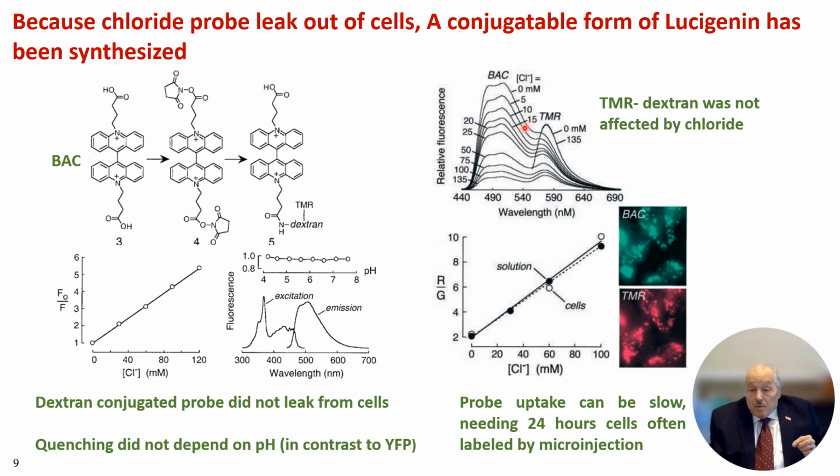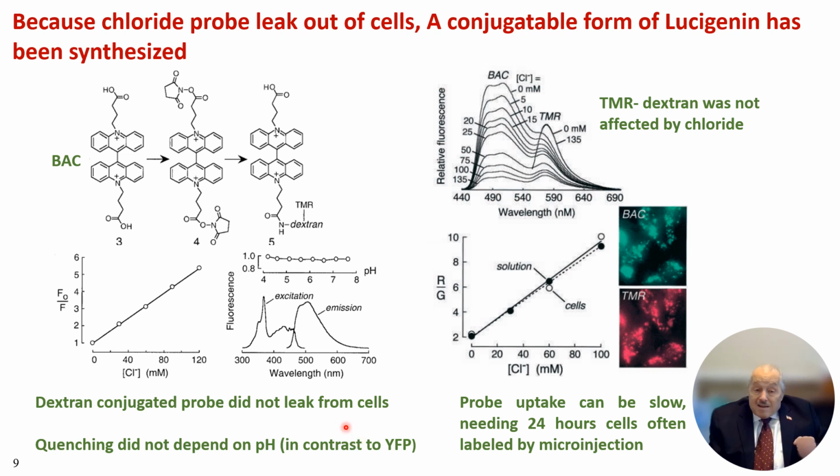Here we can look at the emission spectra, and we can see that the TMR dextran itself is not affected by the chloride concentration, but the chloride-sensitive part was very sensitive to chloride, and you could determine the chloride concentrations from the wavelength ratiometric measurements.